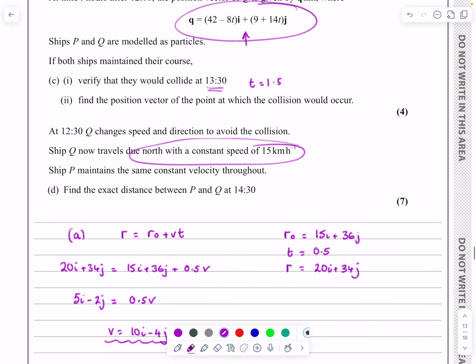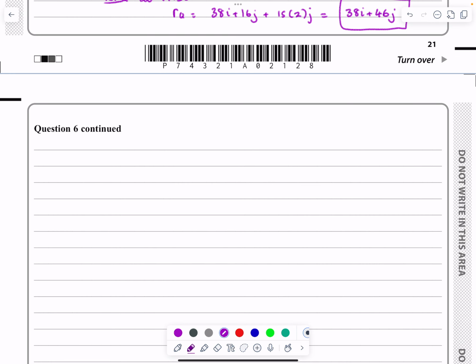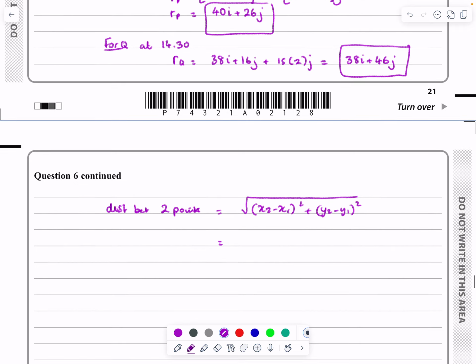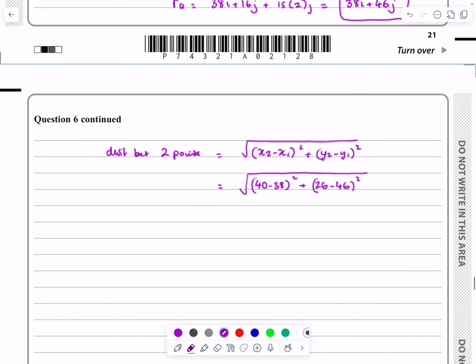So I've now got where these two are going to be at 14:30, and then it says it wants to work out the exact distance. So if I want to work out the exact distance, I can do that when I've got the 2 points. So the distance between 2 points is equal to square root of x2 minus x1 squared, y2 minus y1 squared, and we can just put in, given those values there, so 40 minus 38 squared, 26 minus 46 squared, square root, and they wanted it as the exact one.